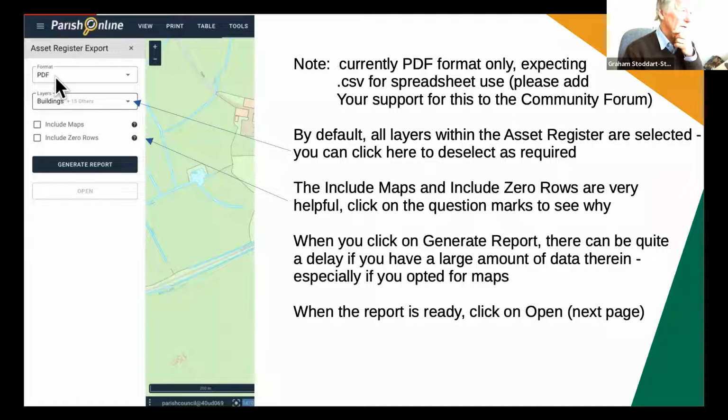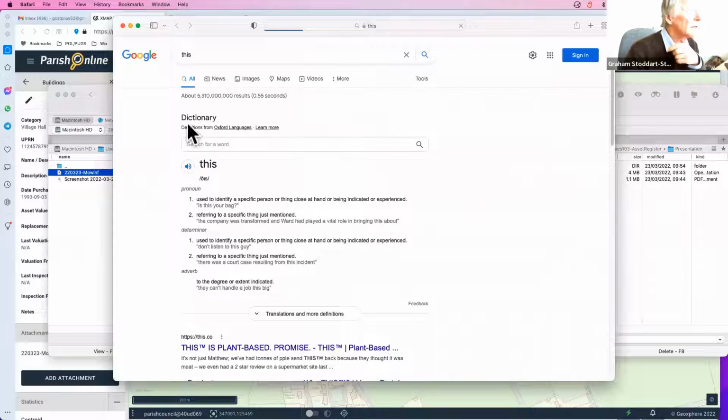I've asked for a CSV format, and the way the system works, the more people that say, yes, this is important to us, the more likely it is to get done by Parish Online. So this is my little plea for you to go into the community forum. Blimey, sorry about that. I don't quite know how I got there.